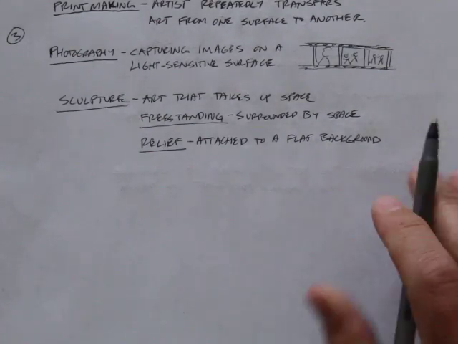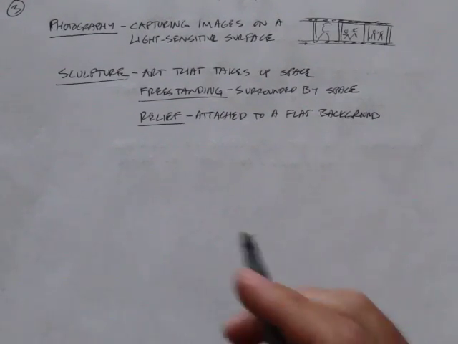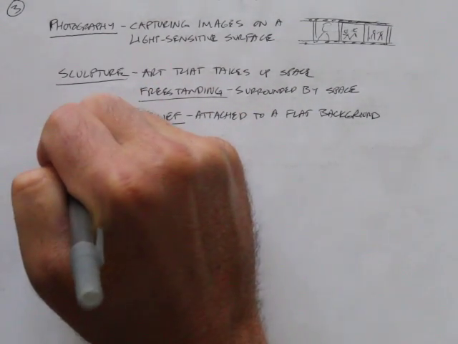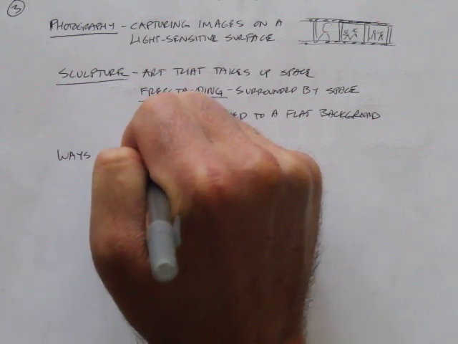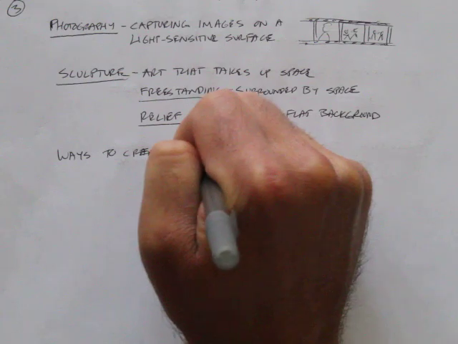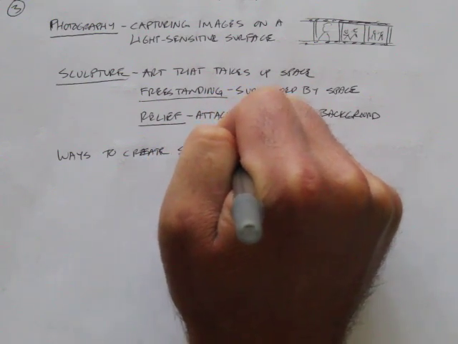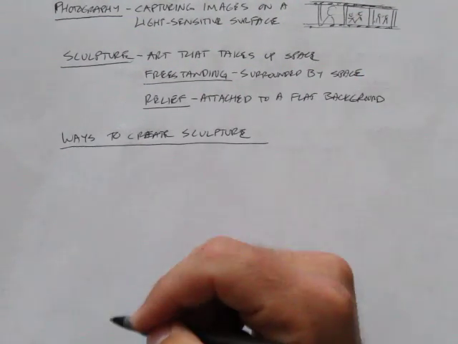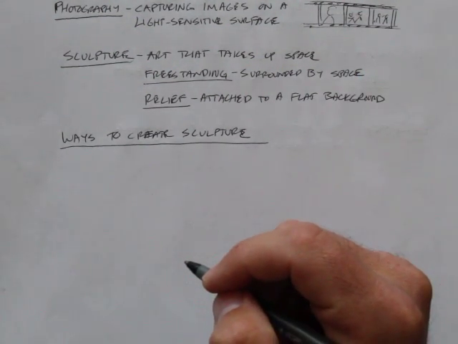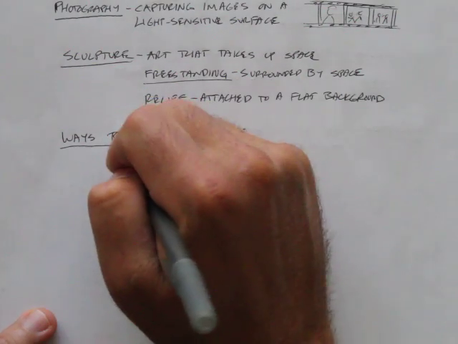Now, we're going to look at some different ways to create sculpture. And there are 4 different ways we're going to talk about. So one is modeling.